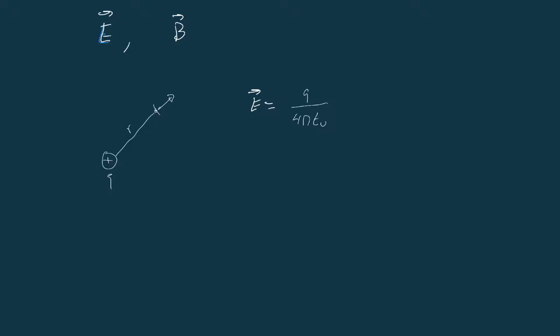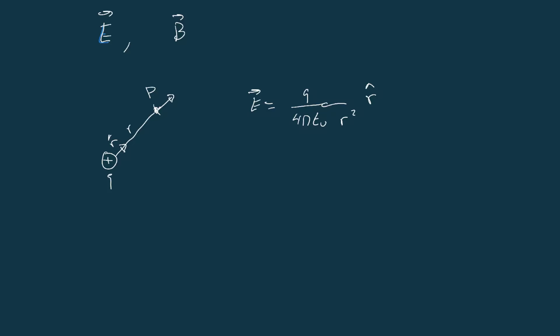The magnitude depends on the distance squared from the point P of observation, and it goes directly in the radial direction. So this is what Coulomb's law says about the electric field.